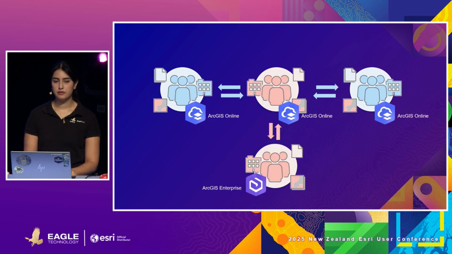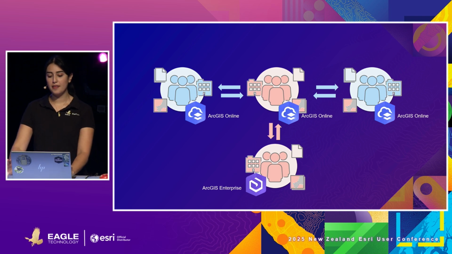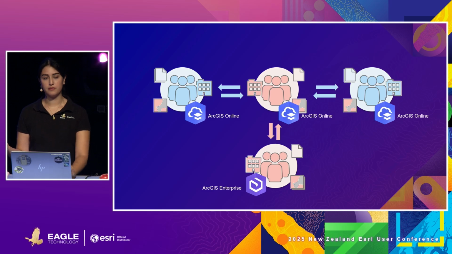And then from here, you can leverage both collaboration types. So for example, if an organization has both ArcGIS Enterprise and ArcGIS Online, maybe ArcGIS Enterprise to store all the data that they work with and do all their daily work, and then ArcGIS Online for their public-facing applications, or maybe for their field staff to perform all their field operations.